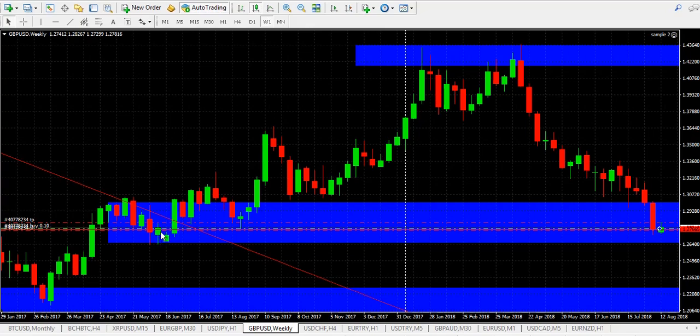You can really see that gap right in here now. Two green candles, one lower than the other, but they're both green. That's a trick. But now we can see the weekly coming back up.